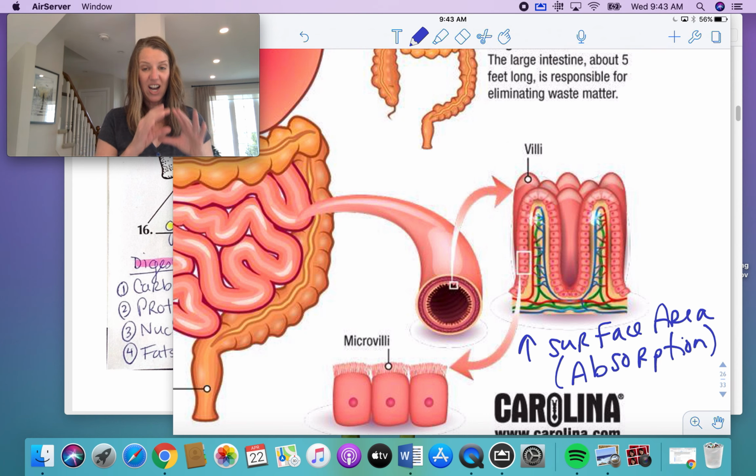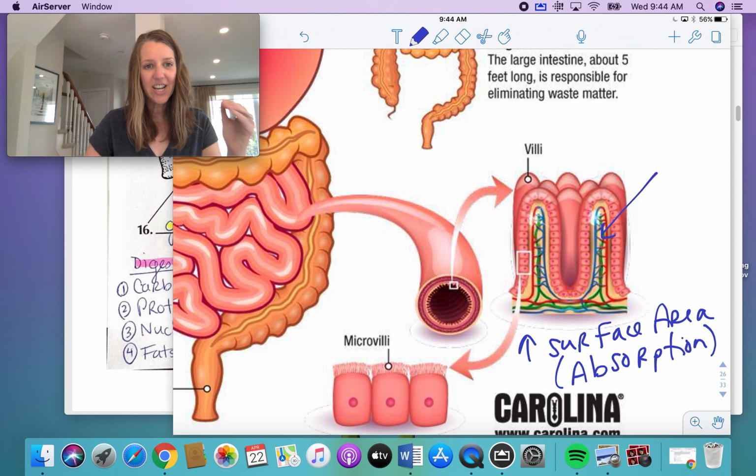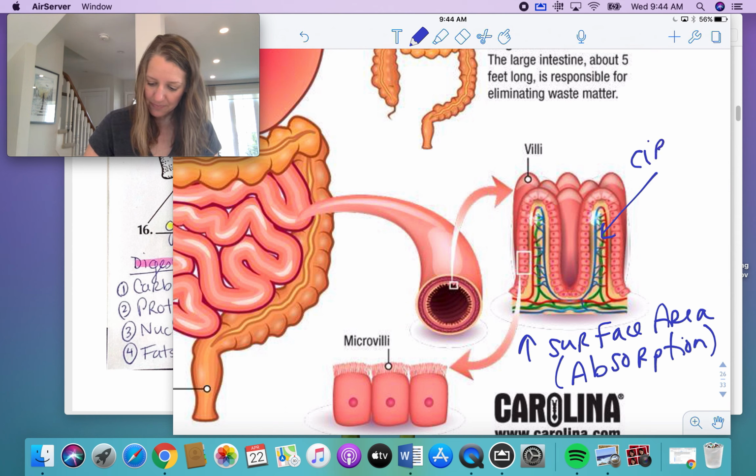All right, you've got 7 meters worth of small intestine, and that whole way is where the absorption is taking place. Where do those nutrients go when they get absorbed? Can you see right there? There's a connection between your digestive system and your circulatory system, right? So they go right to your blood.